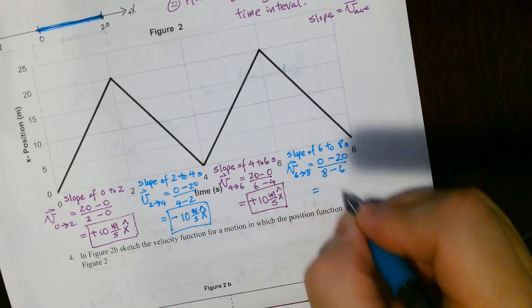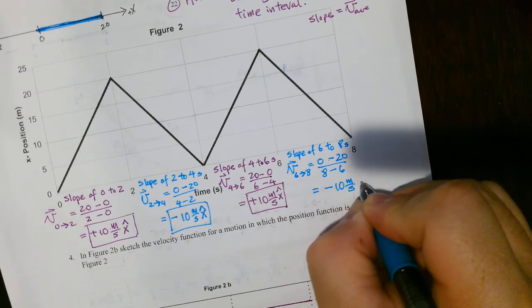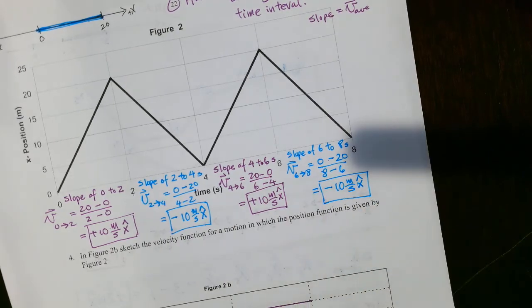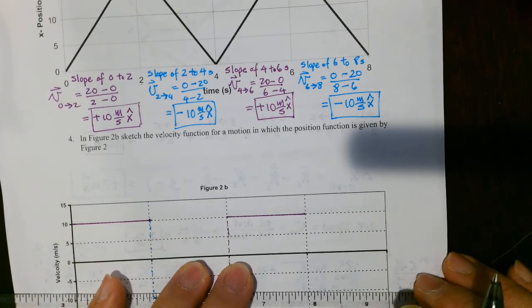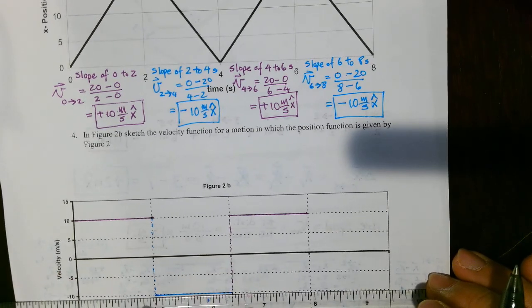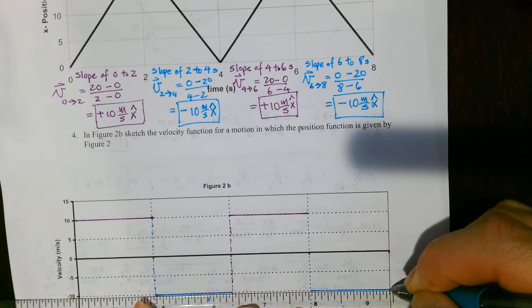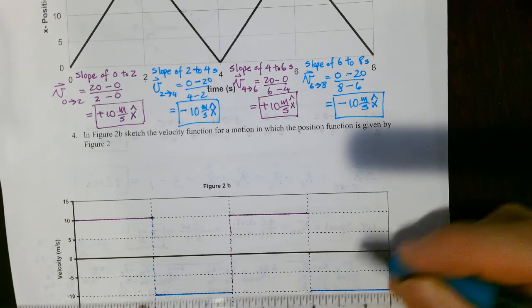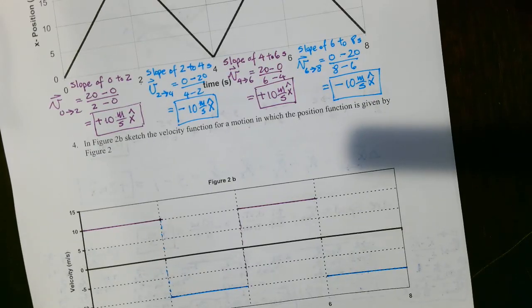And if you look at that carefully, that will be negative 10 meters per second x hat for the average velocity between 6 to 8 seconds. And then since the slope is the average velocity value, we can actually draw that here like so. And booyah, we're done.